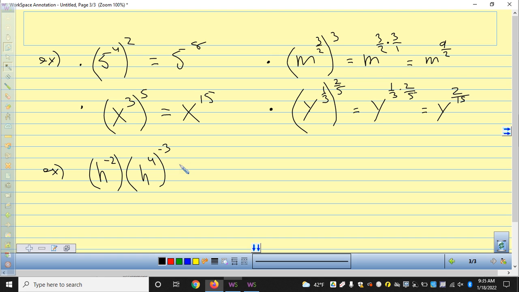So we need to remember PEMDAS here. What does PEMDAS tell us to do first? All the stuff inside the parentheses is simplified, so we need to do exponents first. We need to deal with this h to the 4th to the -3rd power. So we're going to do this first.